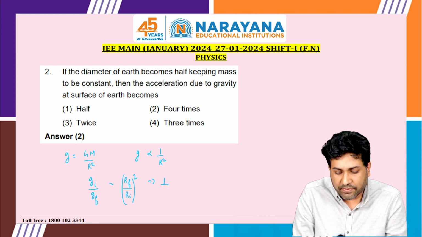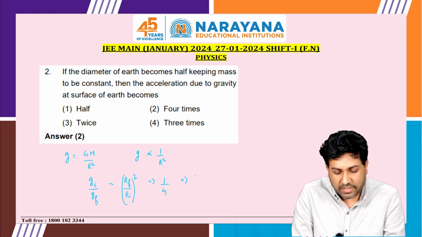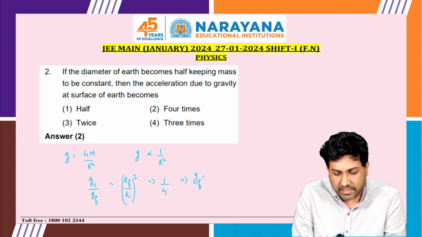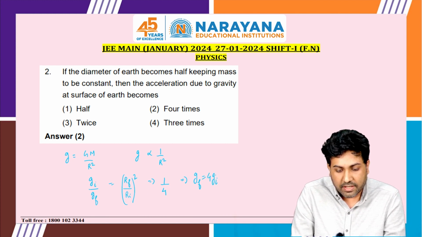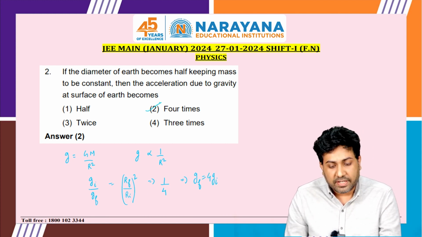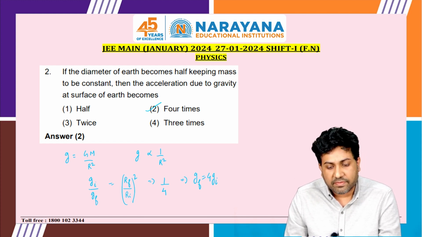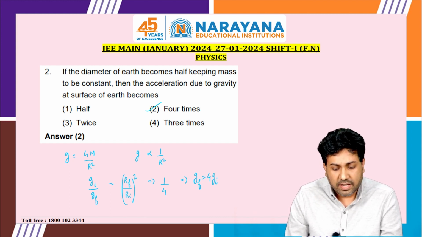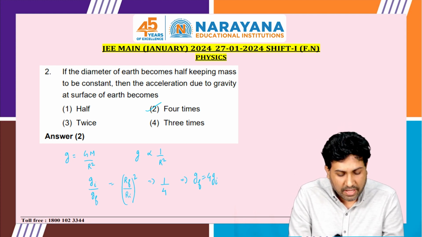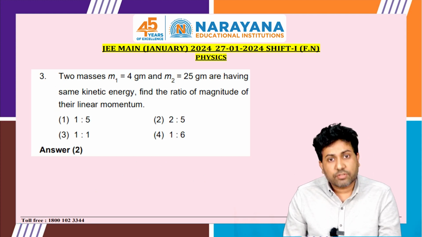So I will get half square, that is 1 by 4. So that means I will get G final is 4 times G initial. So the acceleration due to gravity has become 4 times if I have half the radius or the diameter. Okay, now let's move to the next question.